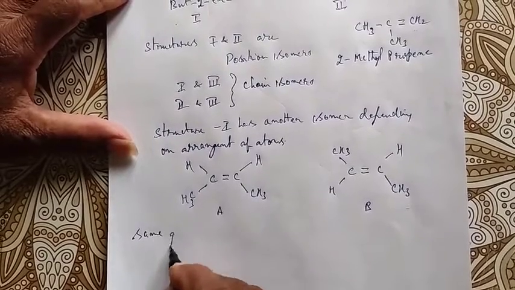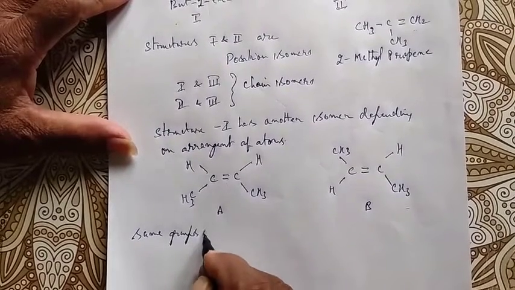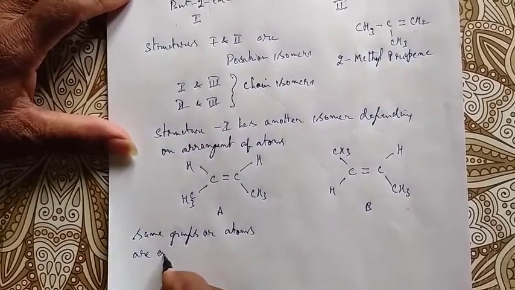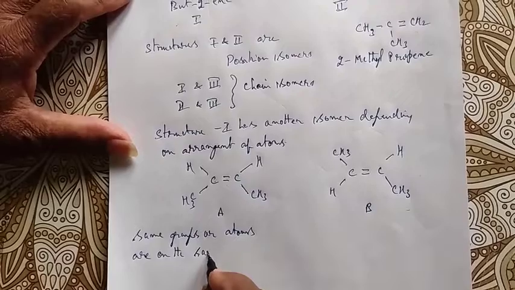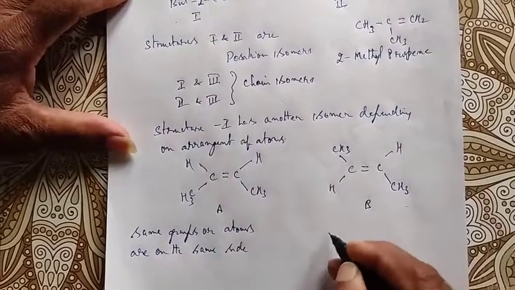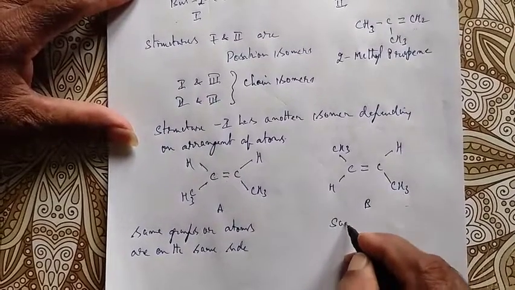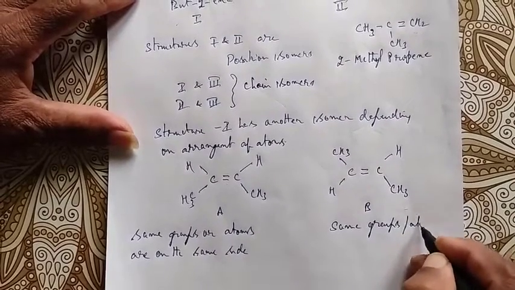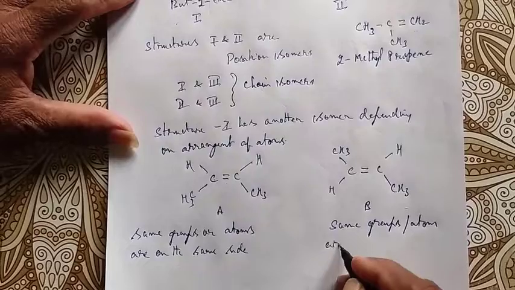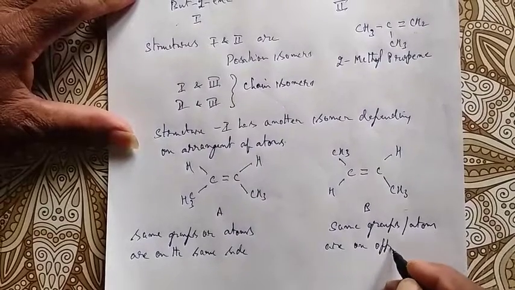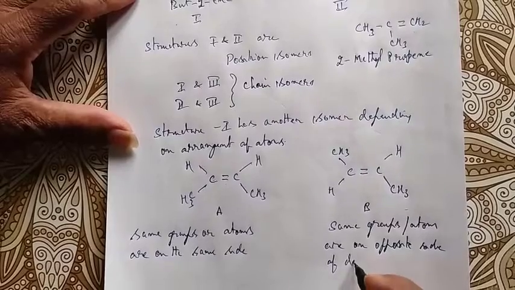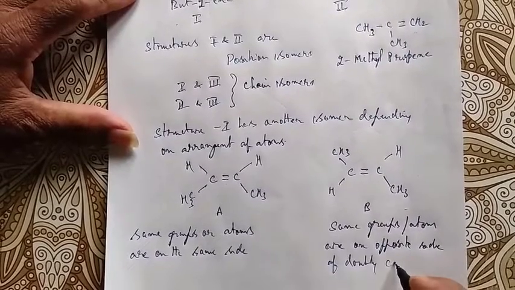In structure B, the same groups or atoms are on opposite sides of the doubly bonded carbon atoms.